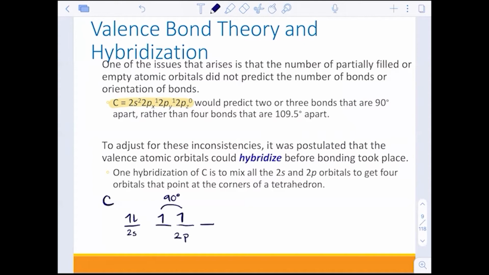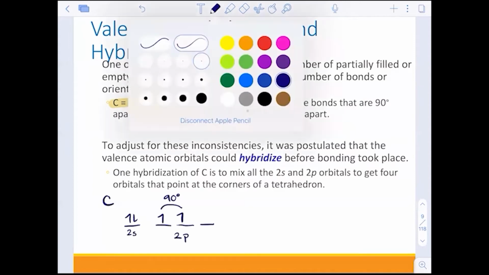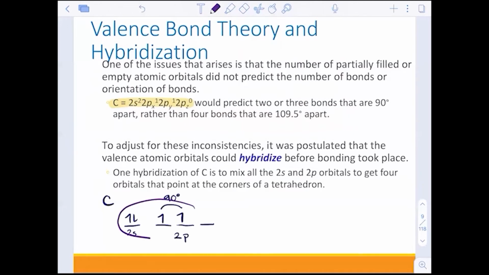One hybridization of carbon is to mix the s and the p orbitals. Even though these are all different energies, let's imagine throwing them all together, putting them into 4 equal energy orbitals, and one valence electron goes in each.